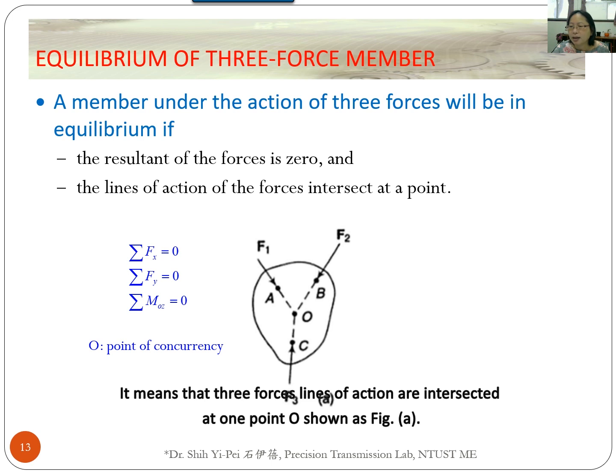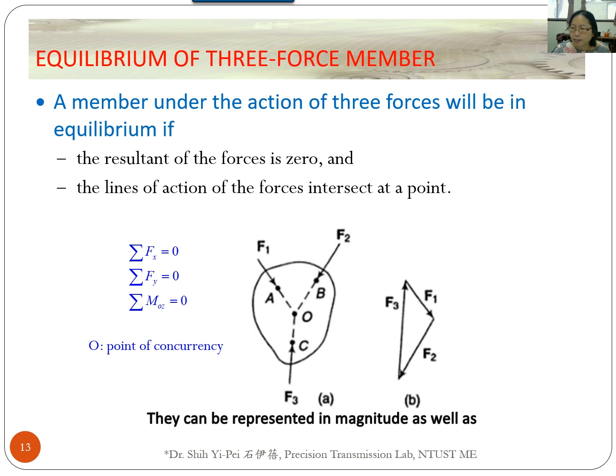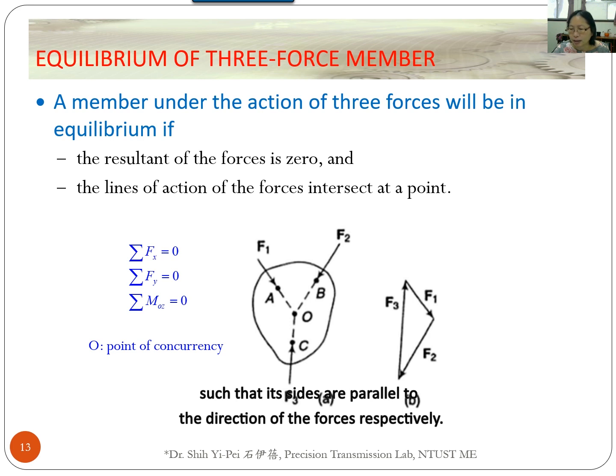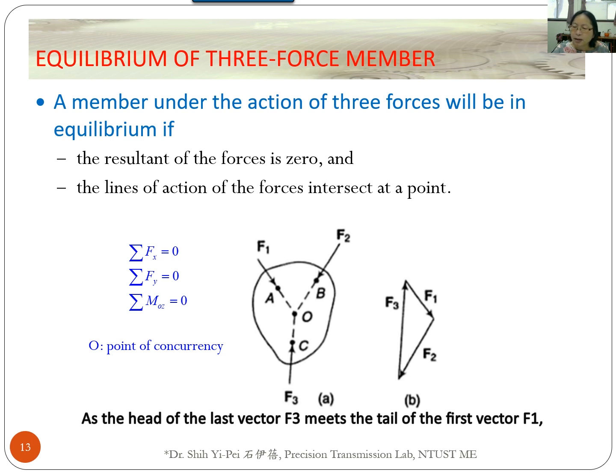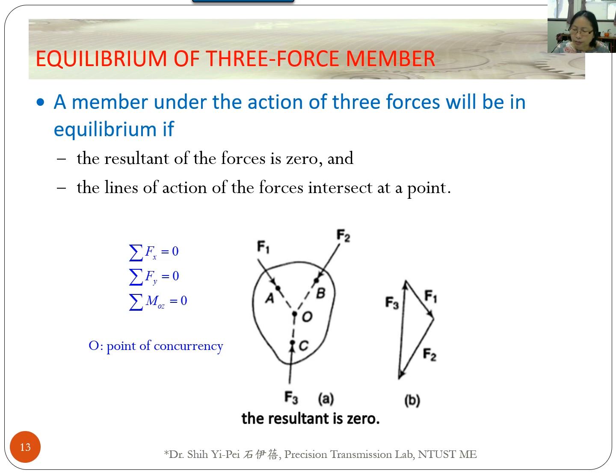It means that the 3 force lines of action intersect at one point O, shown as figure A. They can be represented in magnitude as well as direction by the 3 sides of a triangle taken in order, such that its sides are parallel to the directions of the forces respectively. They are shown as figure B. As the head of the last vector F3 meets the tail of the first vector F1, the resultant will be 0.